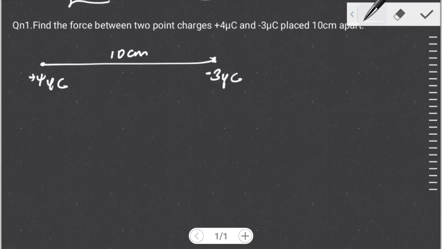They want us to determine the force between these two point charges.